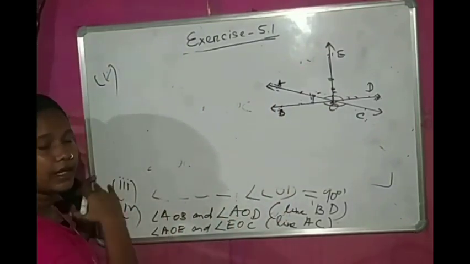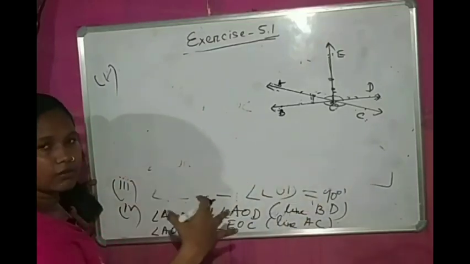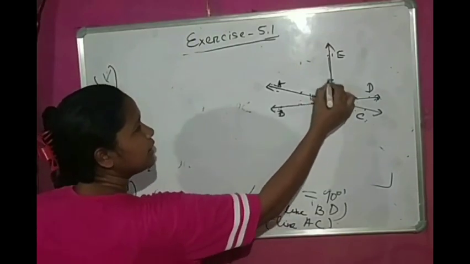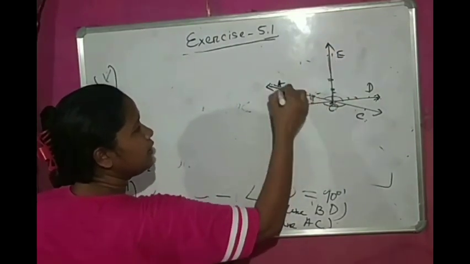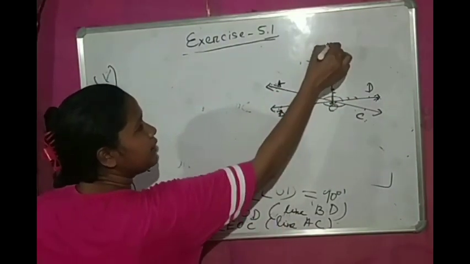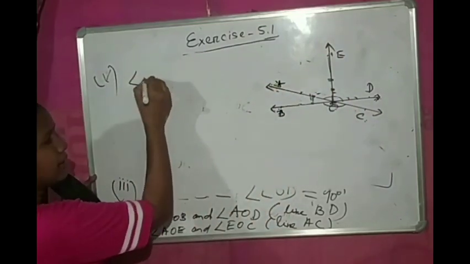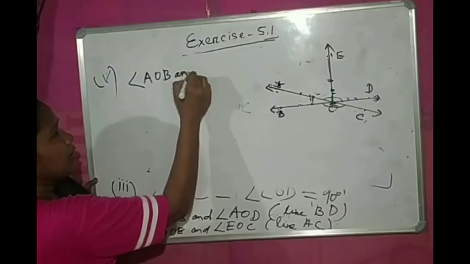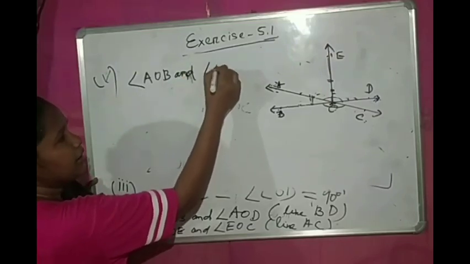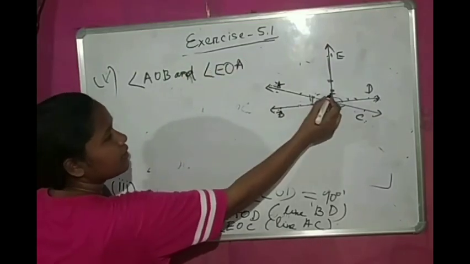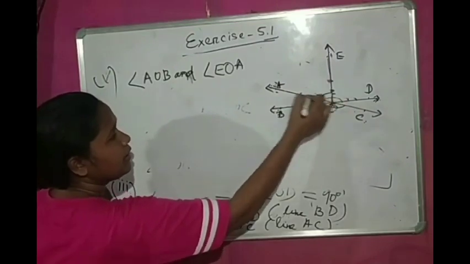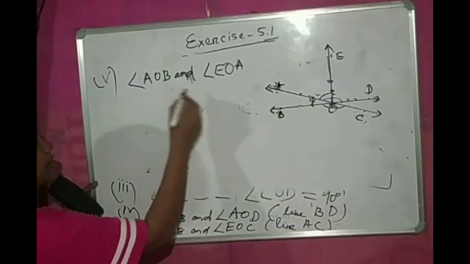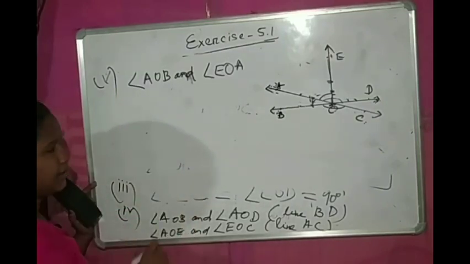Linear pair means the uncommon arms are opposite to each other. So look here, angle AOB and angle EOA. These two are adjacent angles but they are not linear.